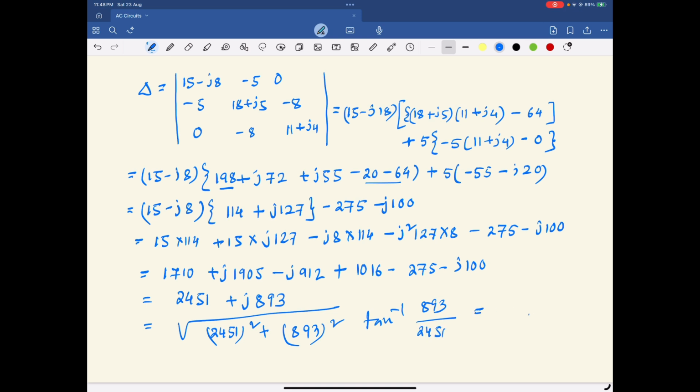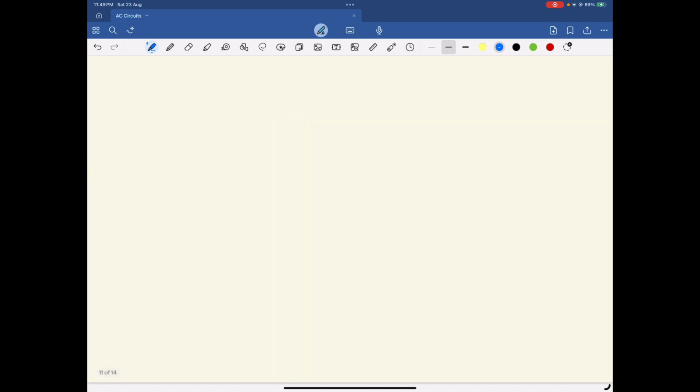Again, you have to convert it from rectangular to polar. Put the value of del 1 and del.